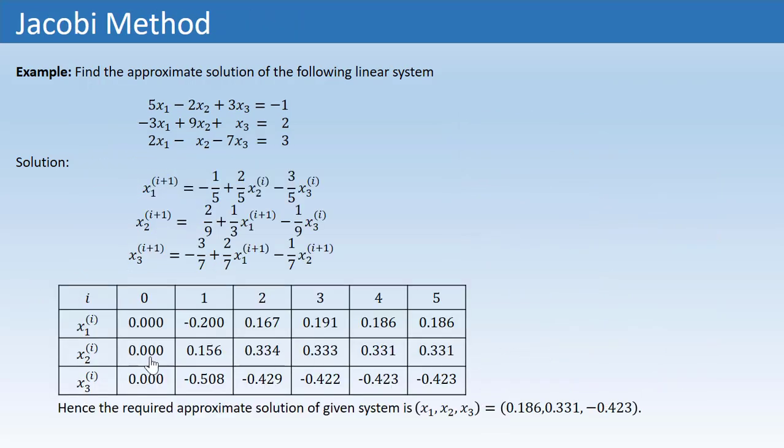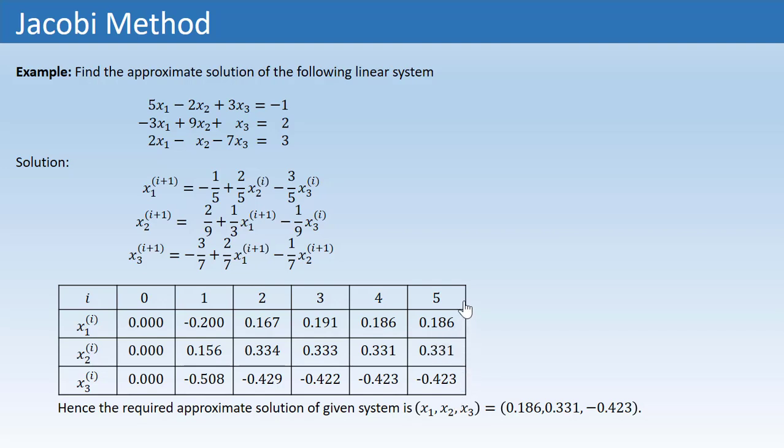Here I have calculated the approximate solutions up to the fifth iteration. You can notice that the first variable x1 is approaching 0.186, the second variable x2 is approaching 0.331, and the third variable is approaching minus 0.423. You also notice that the approximate solutions in the fourth and fifth iteration are the same.